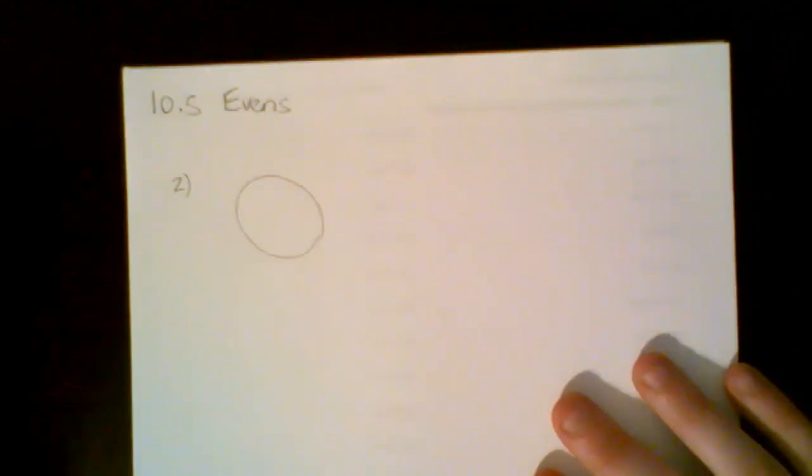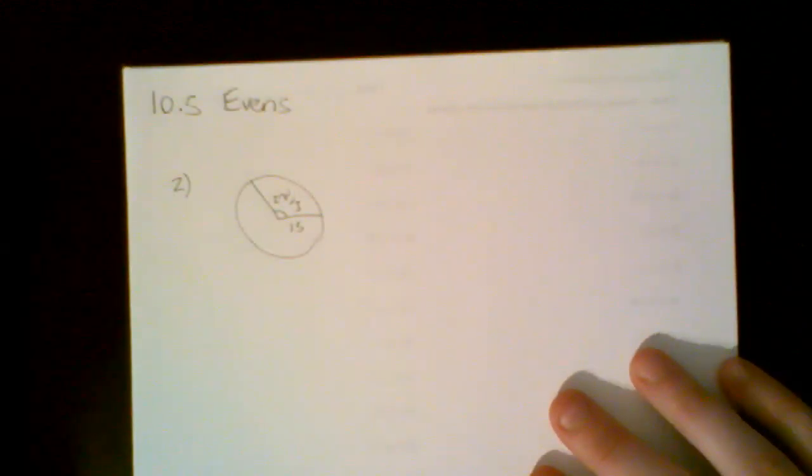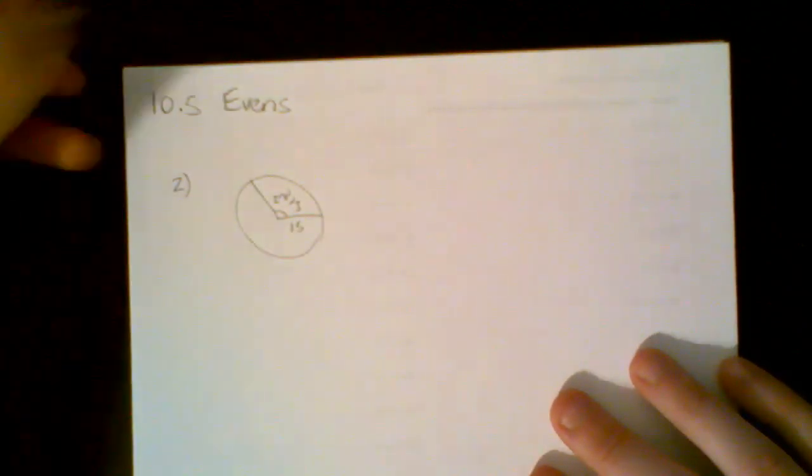So number 2, we have a central angle. Let's go ahead and draw a circle. So central angle of 2 pi over 3 and a radius of 15 centimeters. Now what they're asking us to do is find S, the arc length.